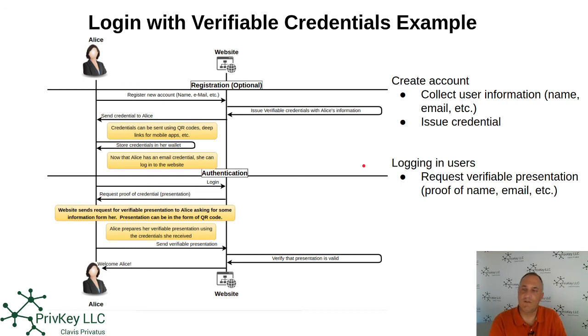The request goes out for a verifiable presentation, proof of name, email, etc., whatever is required, saying, okay, show me and tell me who you are, and that verified presentation comes back from the user to the website or the login page, where they can use that verified information to go to the blockchain and verify if it's correct.